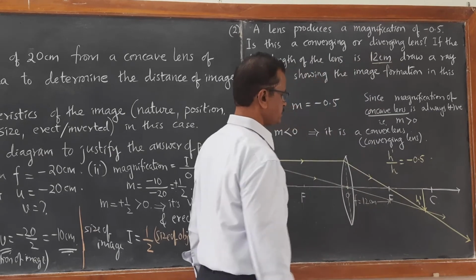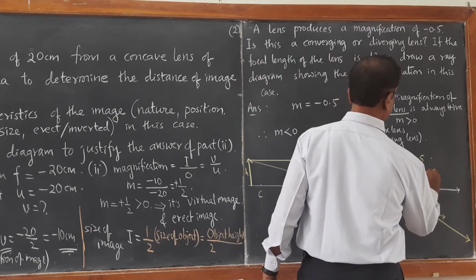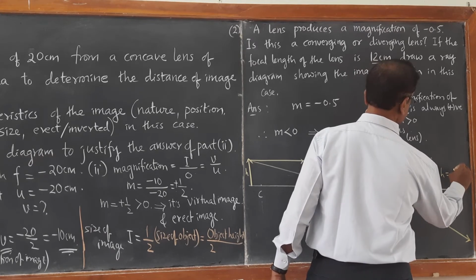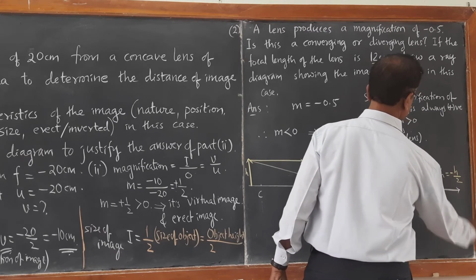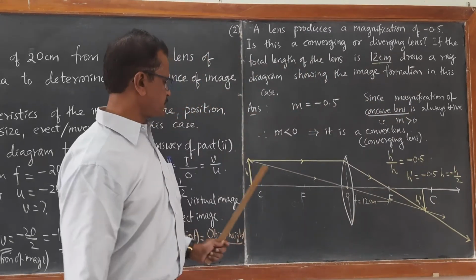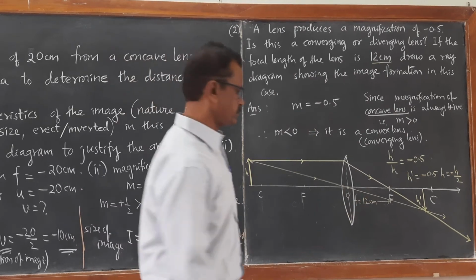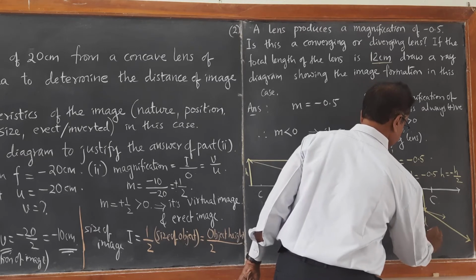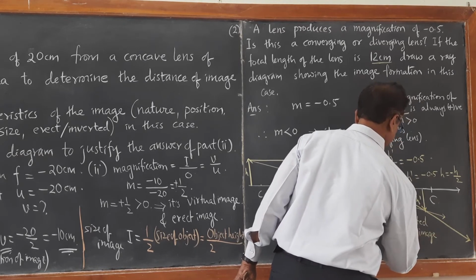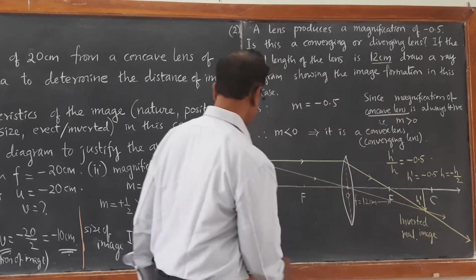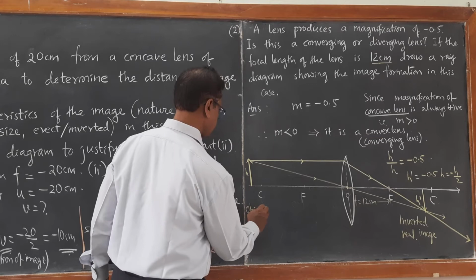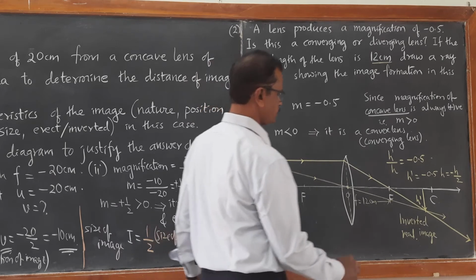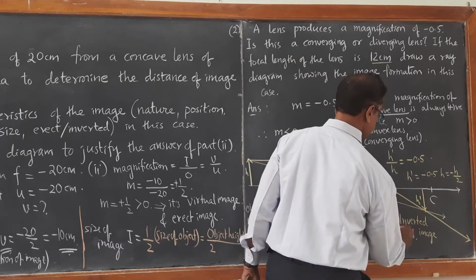It means h dash is equal to minus 0.5 times h, that is half the size of the object, and you see it is an inverted real image. So you have to write object beyond C, image between C and F.